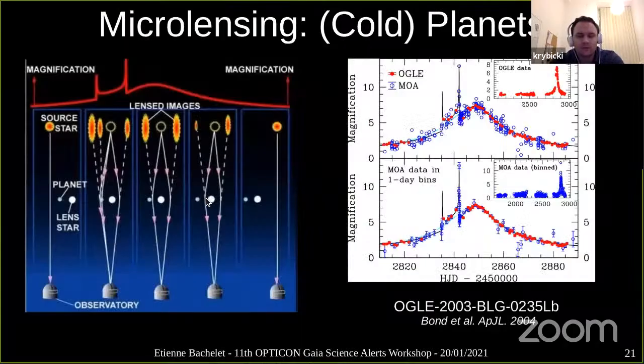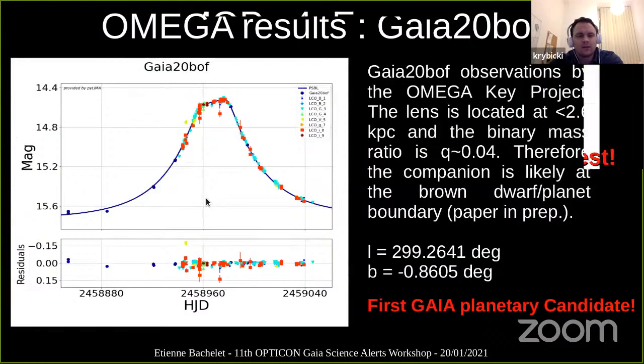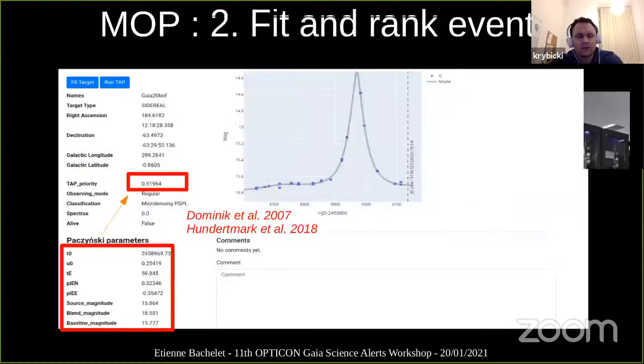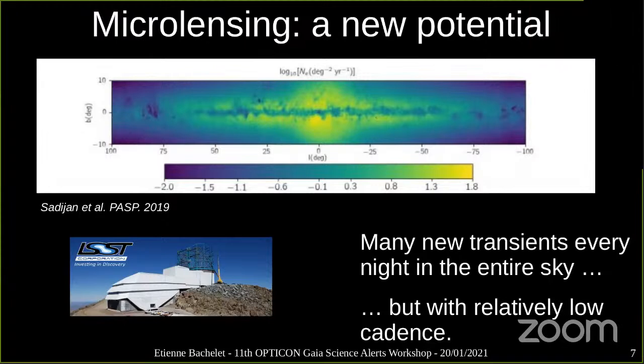Thanks. Hi, Etienne. I just wanted to clarify, you showed the plot for LSST and mentioned the cadence, and that the event rate is very high, right? So this is not fitting the model, but just the detection of the outlier? You mean this plot here? Yes.